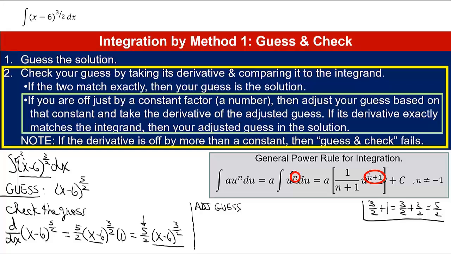Generally speaking, you will adjust by the reciprocal of what you are off by, factor-wise. The reciprocal of 5/2 is 2/5. So my adjusted guess is going to be 2/5 of what I originally guessed, which was the quantity x minus 6 to the 5/2. And then I have to check that guess.